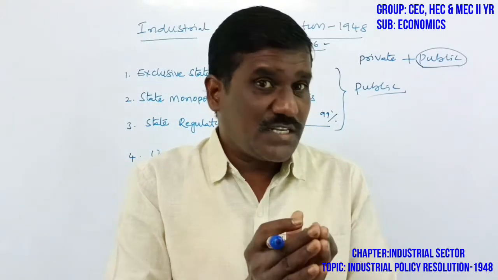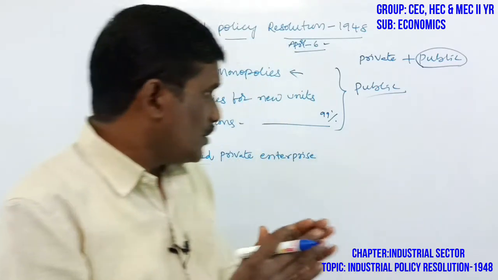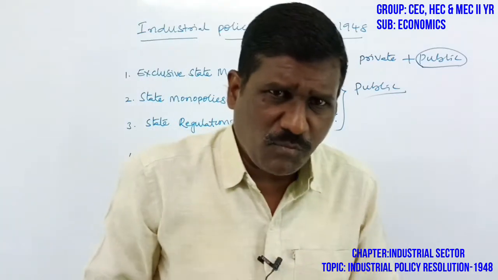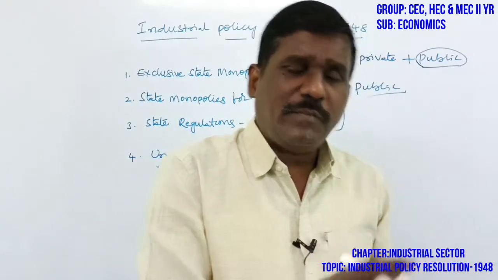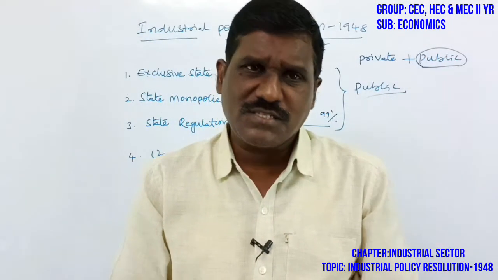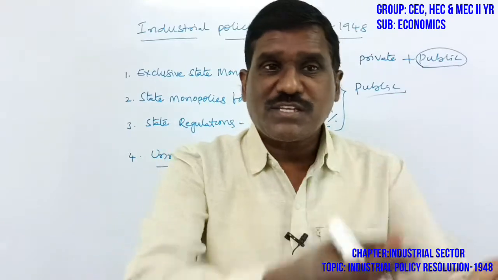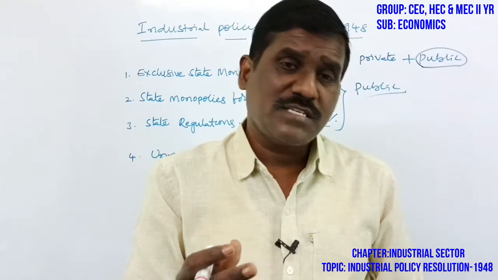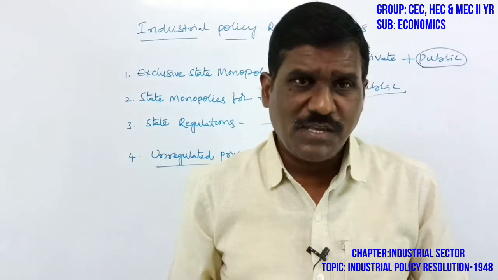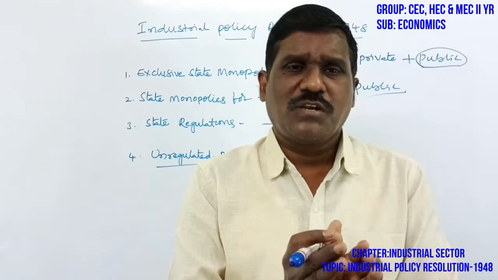This is the 1948 policy. According to this policy, we have to establish more and more industries and get more profits. The aim is to establish a number of industries so that automatically we can get more productivity and growth rate. This is the aim of the industrial policy resolution.